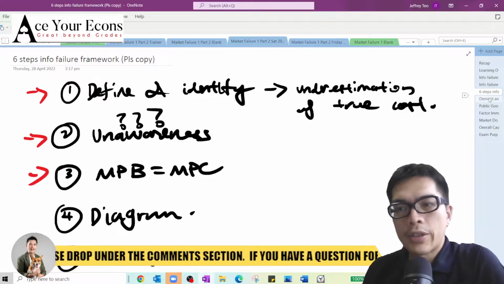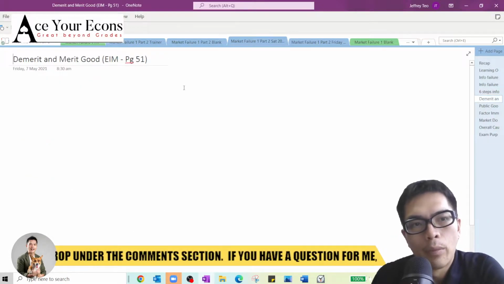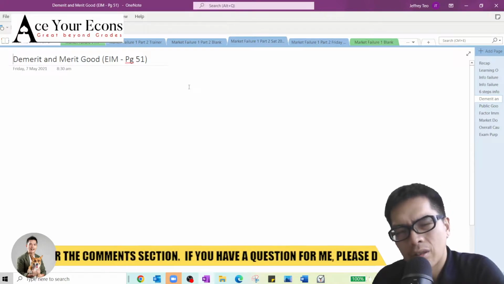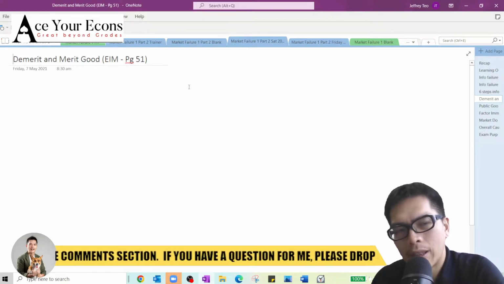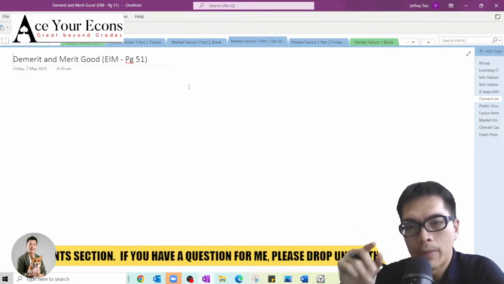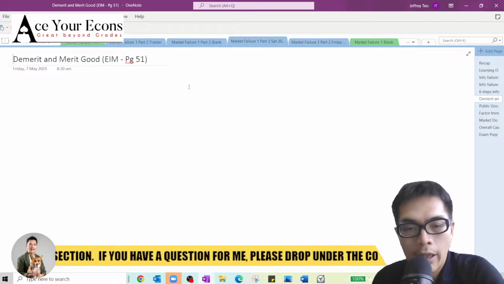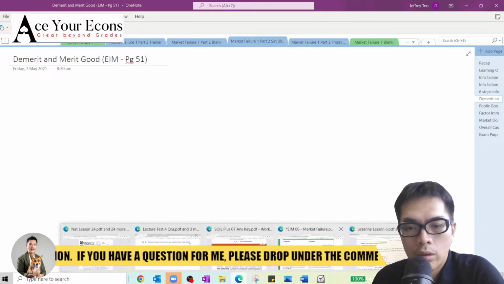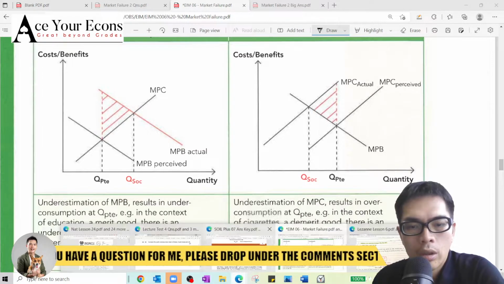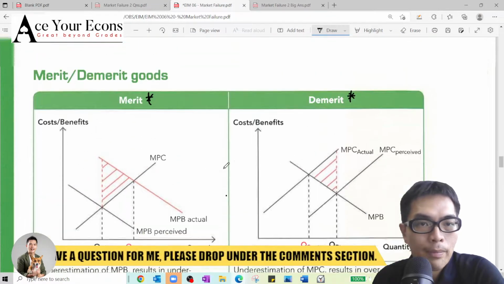With this, I am going to move on to the concept of demerit and merit good. Conceptually it's not difficult, but somehow a lot of students get this mixed up. That's why, remember earlier on I asked you to put a star at page 52. So what constitutes a merit and demerit good?